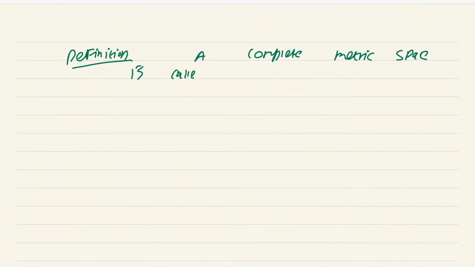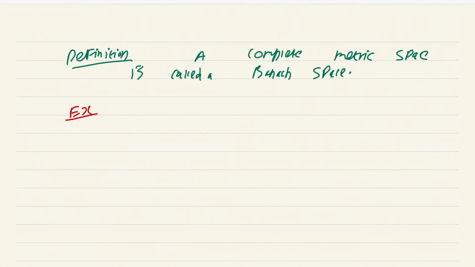Definition: a complete normed vector space is called a Banach space. Okay, an exercise.